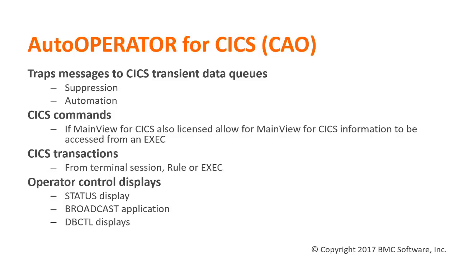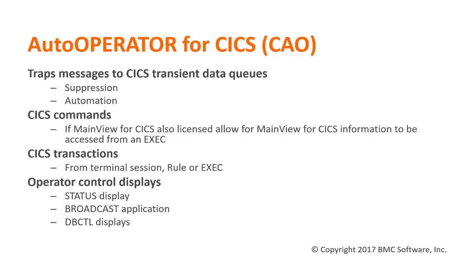The operator control displays, or OCDs, that are available within AutoOPERATOR for CICS will allow you to verify the status of your CICS regions, and send broadcast messages to all CICS connected terminals, for example, to notify users that a region is being brought down.